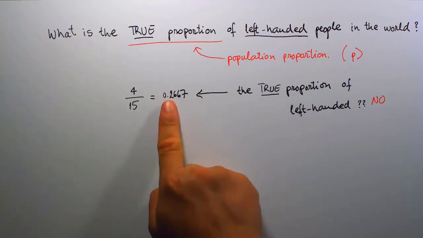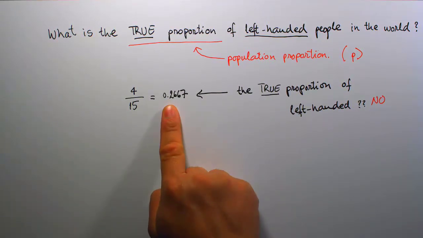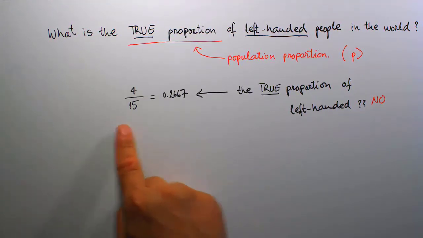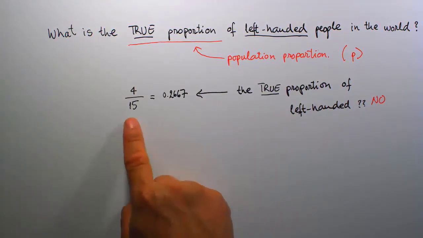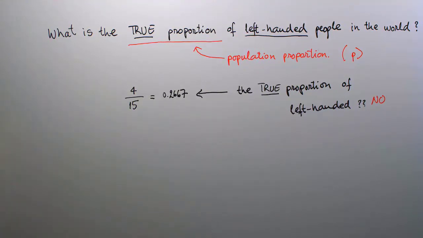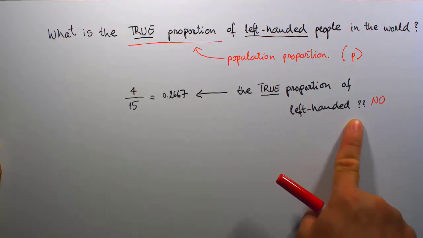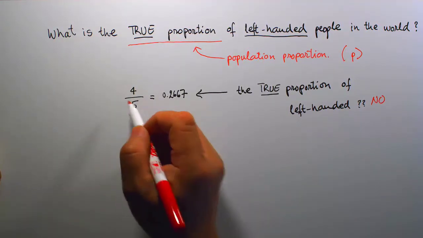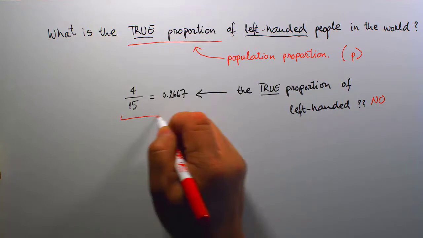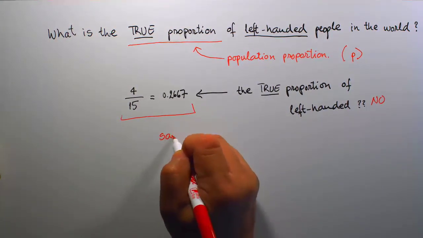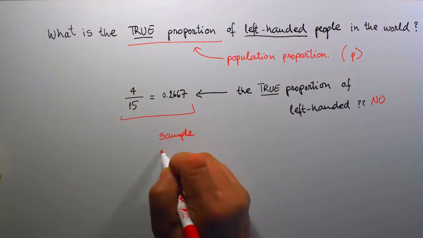So what about this proportion? We did find some proportion of the left-handed, but it's only limited to a small group of 15 people that I looked into. So instead of being the true proportion of left-handed people in the world, this is some proportion that only deserves its place to be a sample proportion.